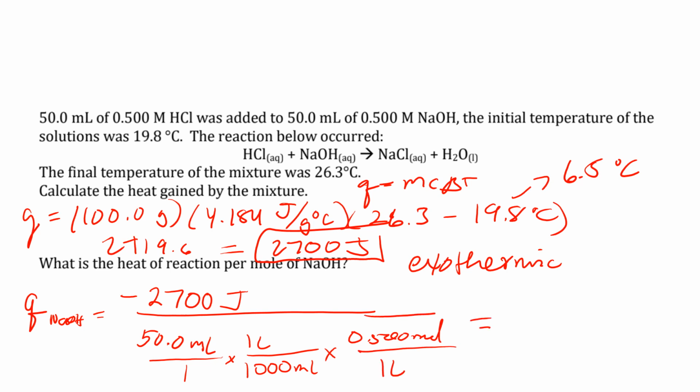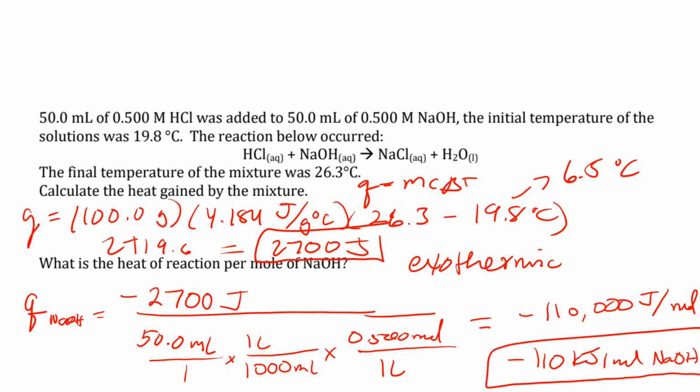You do your math and you will end up with negative 110,000 joules per mole. And then in the end, it's negative 110 kilojoules per mole of NaOH. All right, so if you have any questions, please let me know. Thanks, guys.